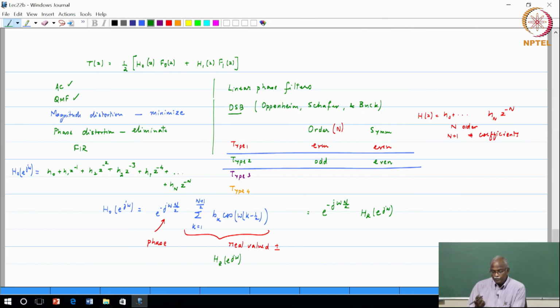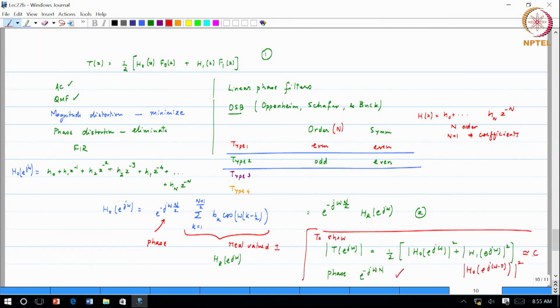Now, please take this and substitute it into 1 with all of the symmetries that we have written down, and please verify the following result: that the magnitude of T(e^{jω}) can be written as 1/2 of the magnitude of H0(e^{jω}) whole squared plus H1(e^{jω}) whole squared.